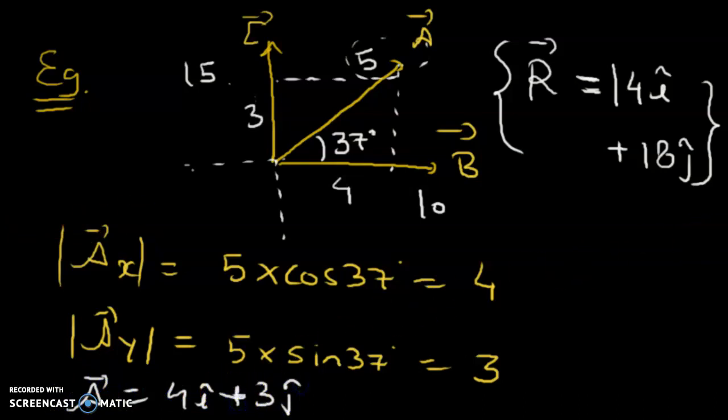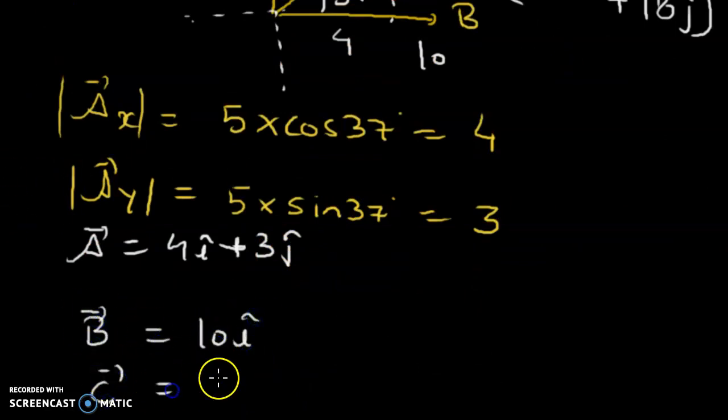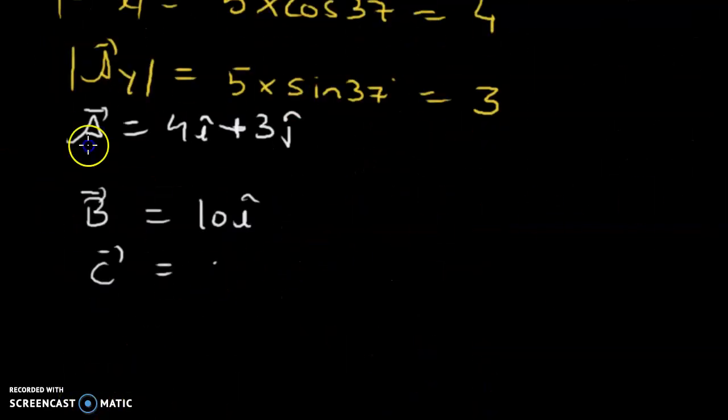I'm discussing it in length. The b vector was just 10i cap, and the c vector was 15 in the positive vertical direction, so 15j cap. The a vector is this.